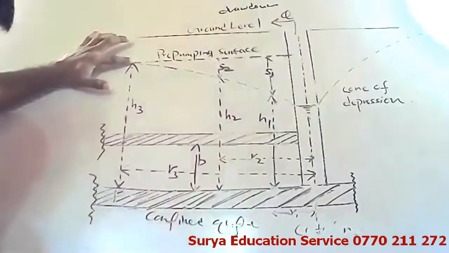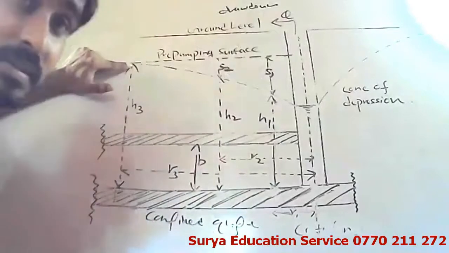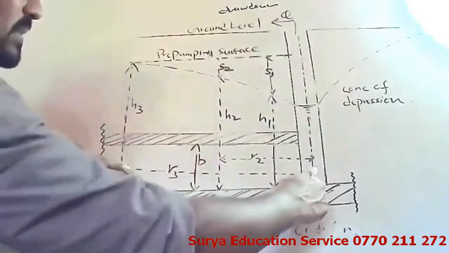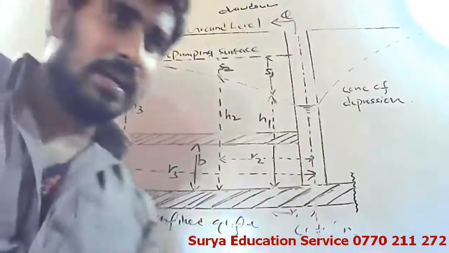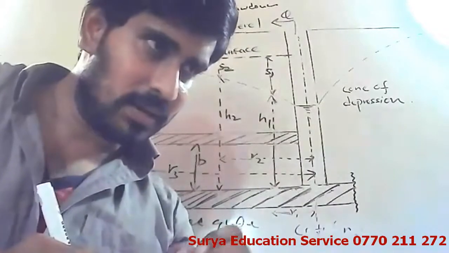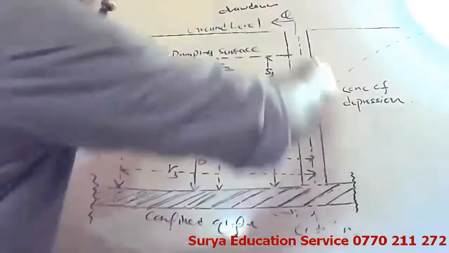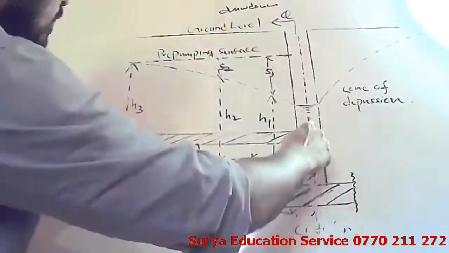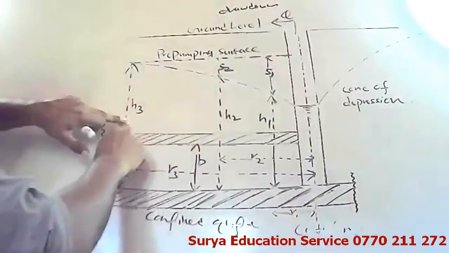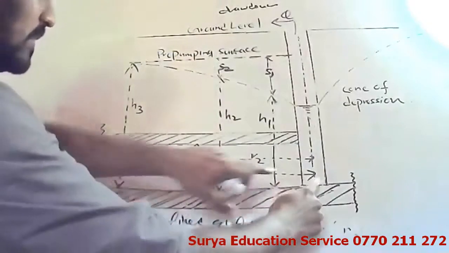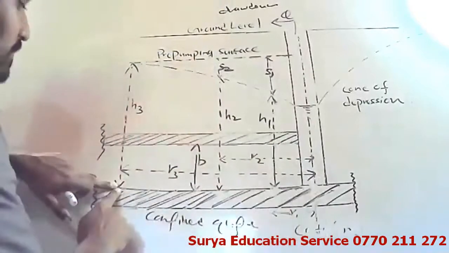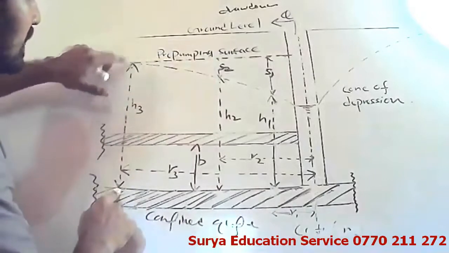So guys, you can notice at a particular radius, just call this R3, at a special radius R3, measured from this center line, when it reaches here, you measure R3 from the center line to here, and from there you sketch a vertical line till it meets this curve.